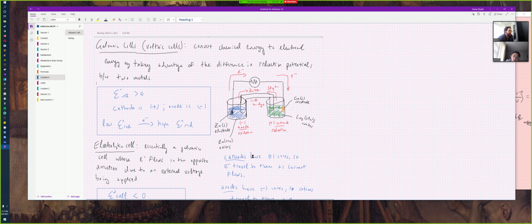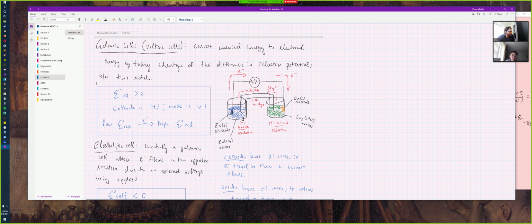You're not going to have this work, because electrons are leaving this guy to go to this guy, which means that this guy doesn't need the anions. This is a zinc solid electrode, this is a copper solid electrode.